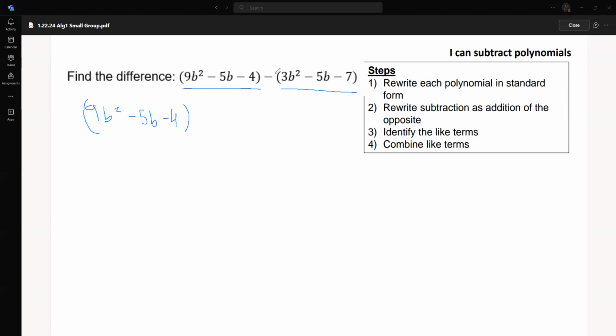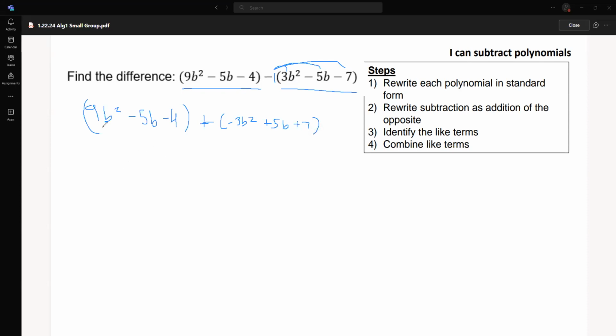This one, I'm going to insert a little 1 here, and I'm going to distribute this -1 to 3 different digits. So now this becomes plus -3b squared plus 5b plus 7.